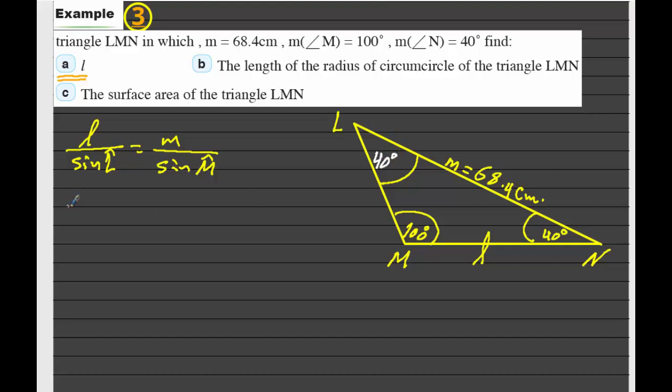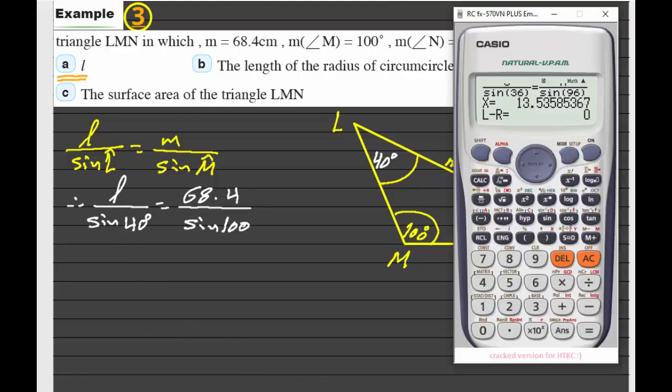So I'll substitute it here, and we write L over sine 40 degrees equals M, which equals 68.4 centimeters, over sine 100. So to calculate the length of L, we use the calculator again, making the fraction.